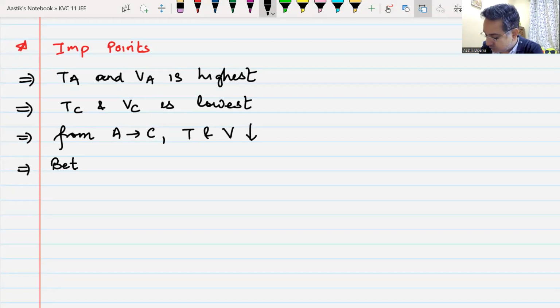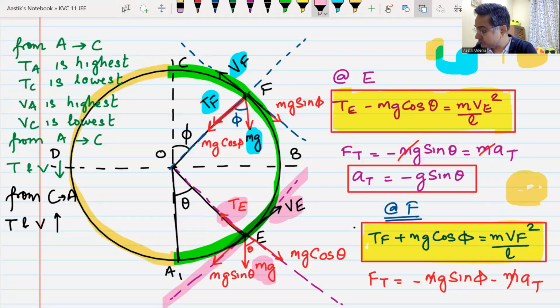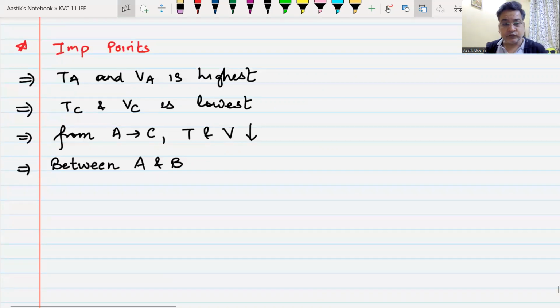Between A and B, do we remember this point B? This legendary point B. Point B is the middle point. Do you see this middle point? Yes or no? Between this point A and B, can tension become zero?